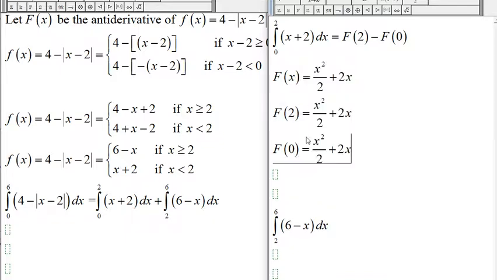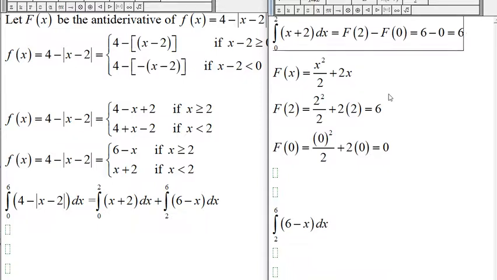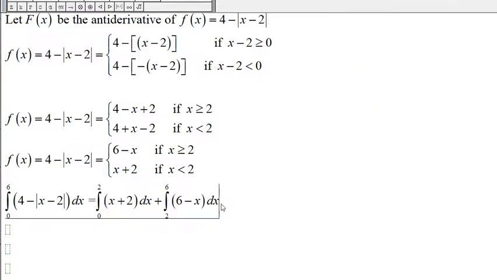In the place of x we put 2: 4 divided by 2 is 2, plus 4, so we get 6. If we put 0, we just get 0. So this becomes 6 minus 0, which is 6.